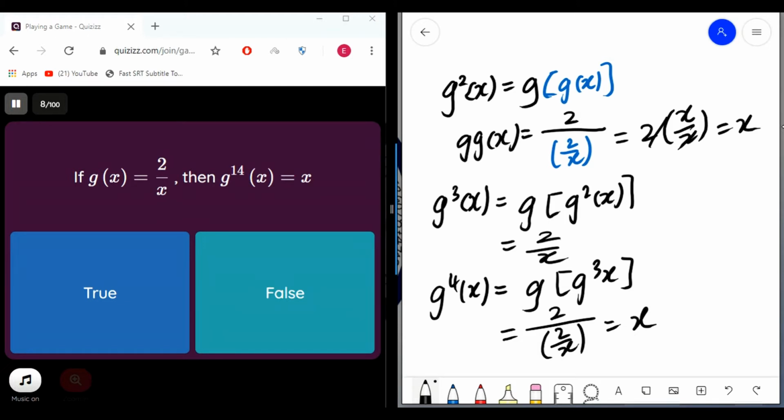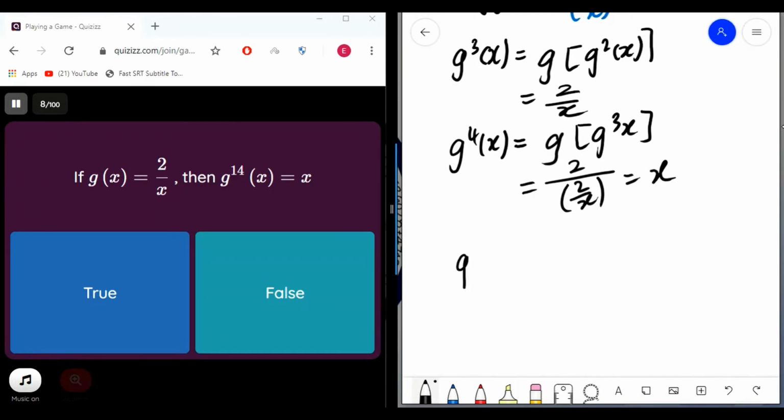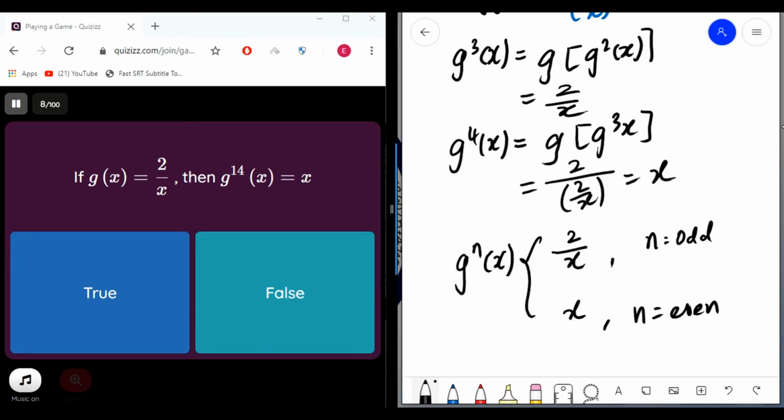Then you see carefully, the steps are exactly the same as g square x, right? So we can conclude for g to the n of x, if n is odd, then g to the n of x will be 2 over x. If n is even, like 2 and 4, it will just be x. And fortunately, 14 is an even number. Therefore, the statement is true.